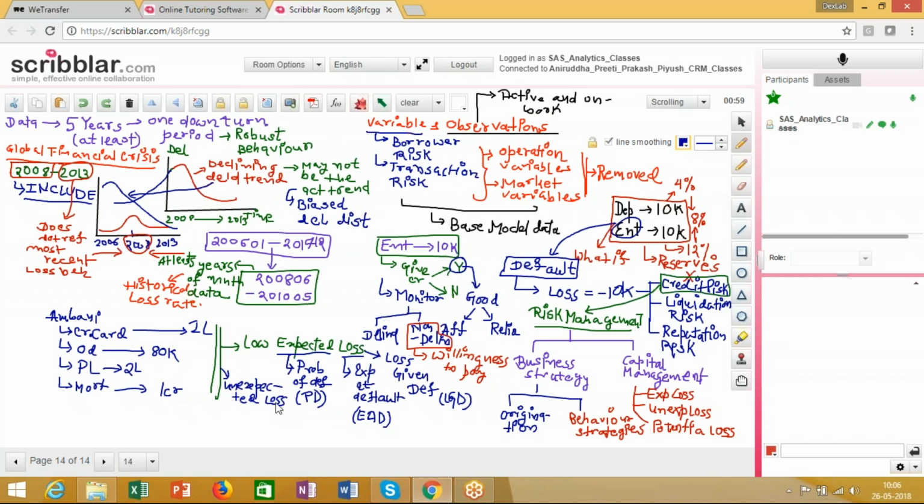So I need to keep aside capital for expected loss as well as unexpected losses.